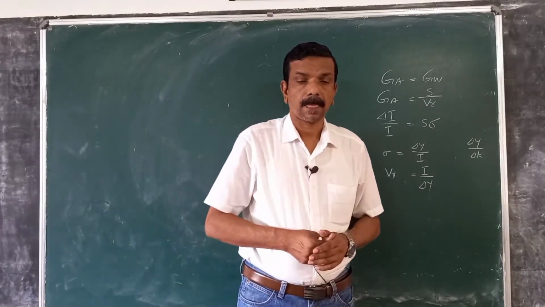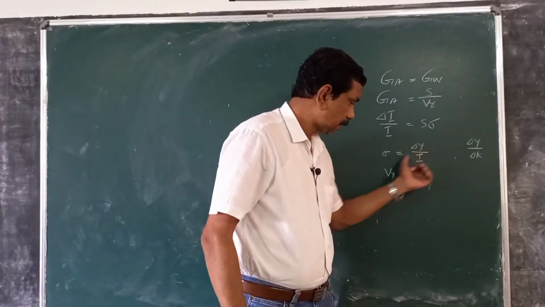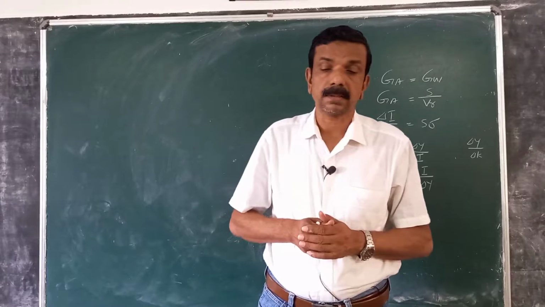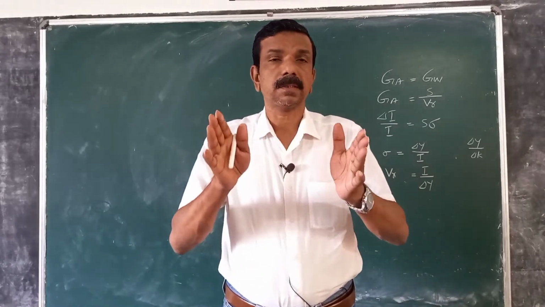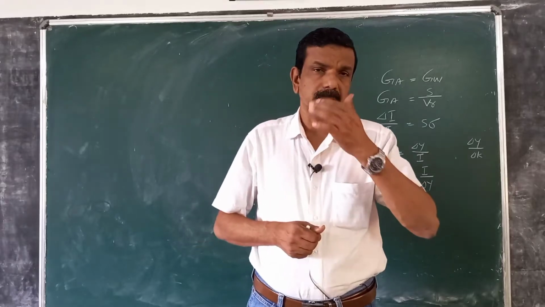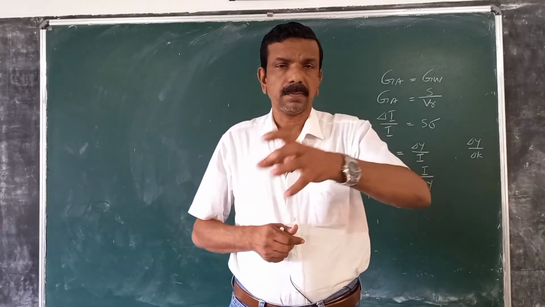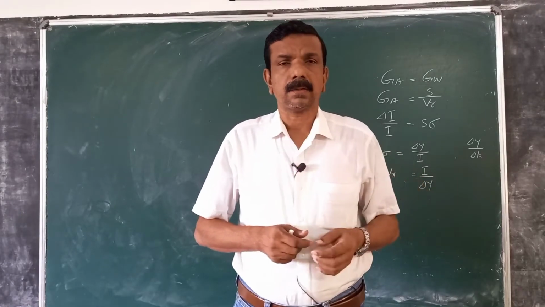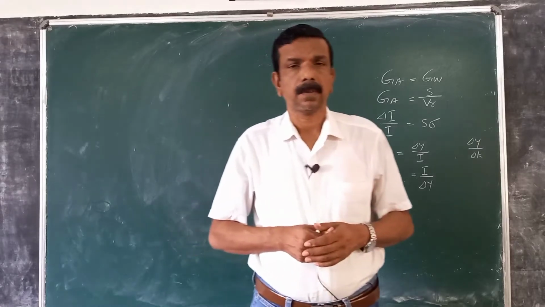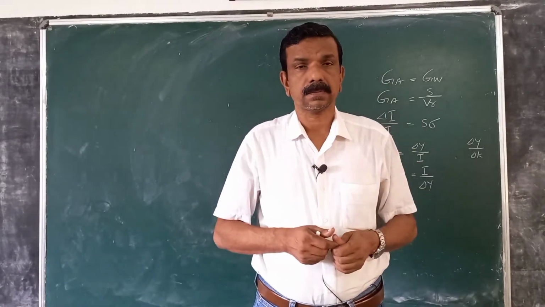And sigma and VR assume that new investment is properly utilized. While discussing the Harrod Domar model, for deriving the warranted growth rate, the required growth rate, we assumed that the capacity is fully utilized.